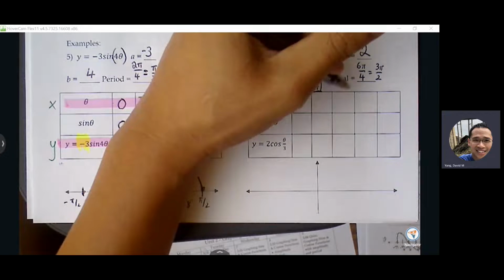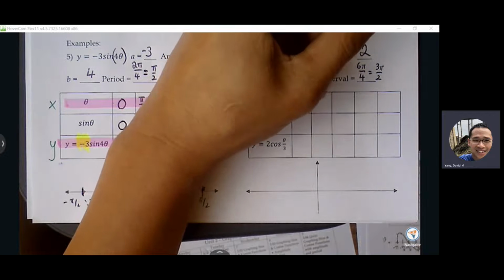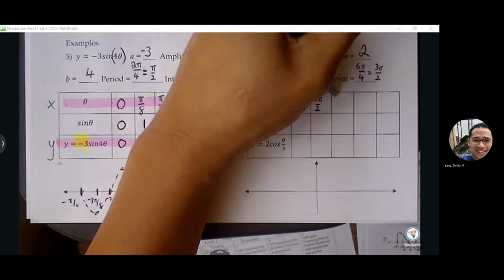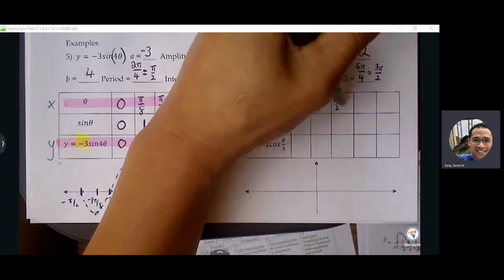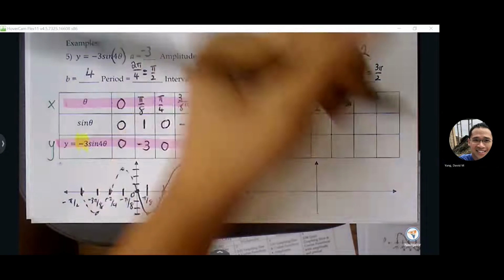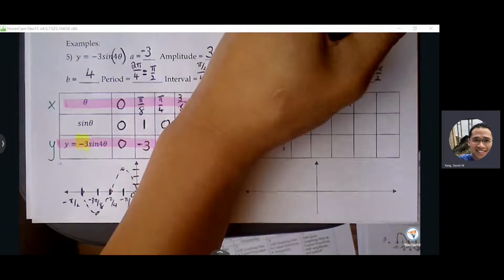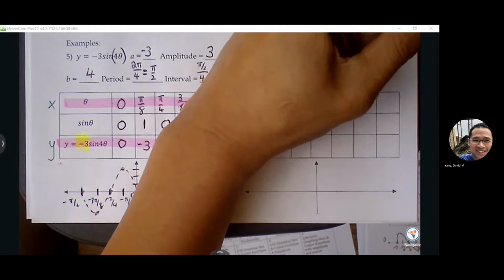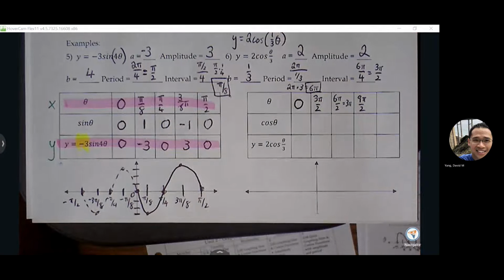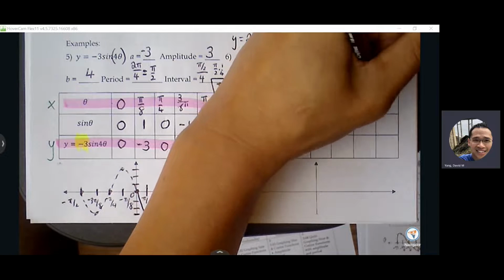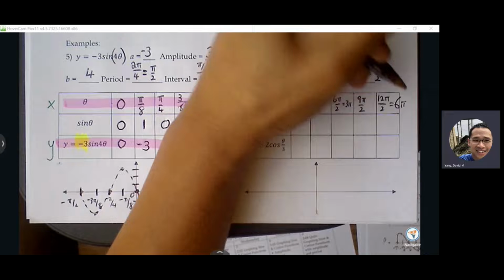Okay, so 0 plus 3 pi over 2, plus 3 pi over 2 is 6 pi over 2, or 3 pi. Plus 3 pi over 2 is 9 pi over 2. And then plus 3 pi over 2 is 12 pi over 2, and that does take us to our destination of 6 pi.